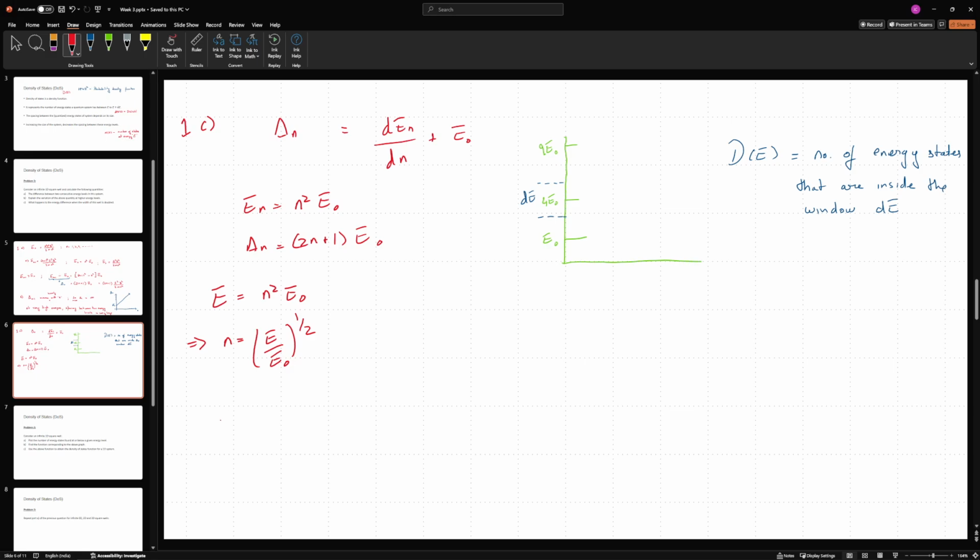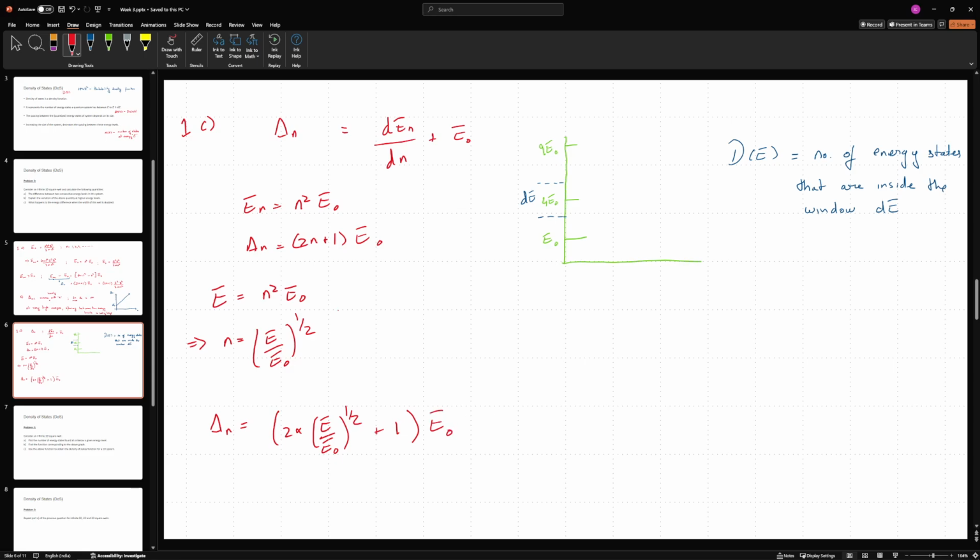Which implies delta n is going to be 2 into (E by E naught) whole power half plus 1, into E naught.